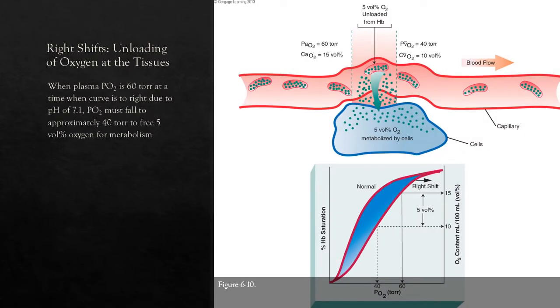When plasma PO2 is 60 torr at a time when the curve is shifted to the right due to an acidotic pH, PO2 must fall approximately to 40 torr, pictured here, to free that 5% of oxygen for metabolism.